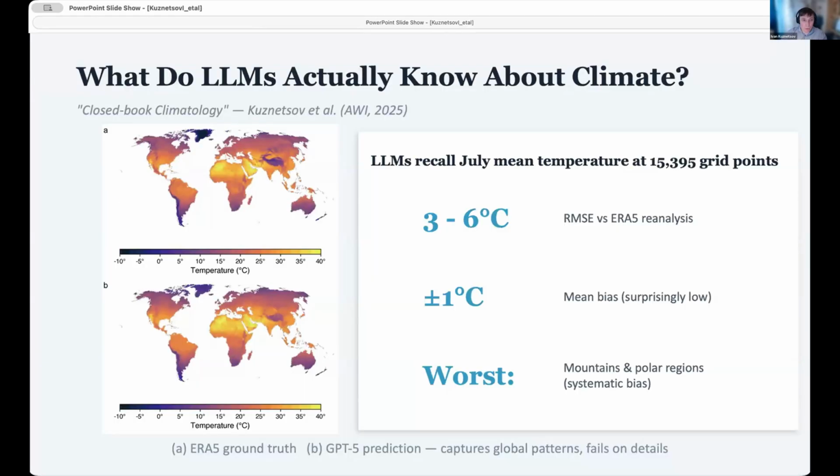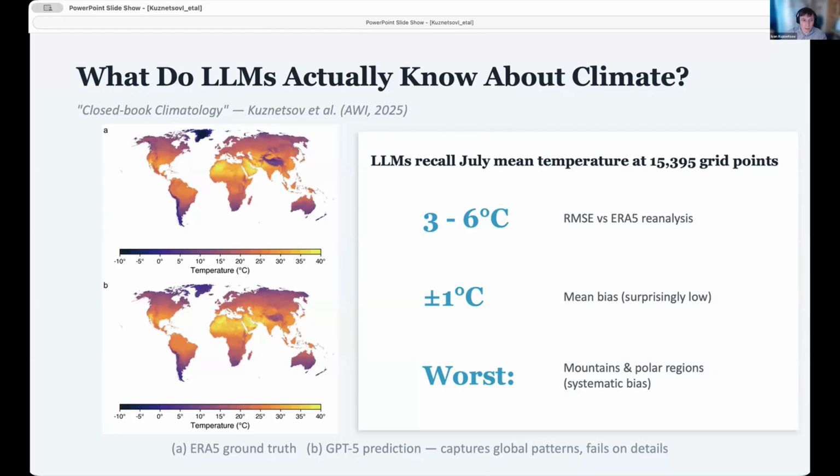Now a basic question. What can an LLM know about climate even without external data? In the closed book climatology study, one LLM was asked to recall mean July 2-meter air temperature at more than 15,000 land grid points. It had no access to outside data. The answers were then compared with the RFI analysis.